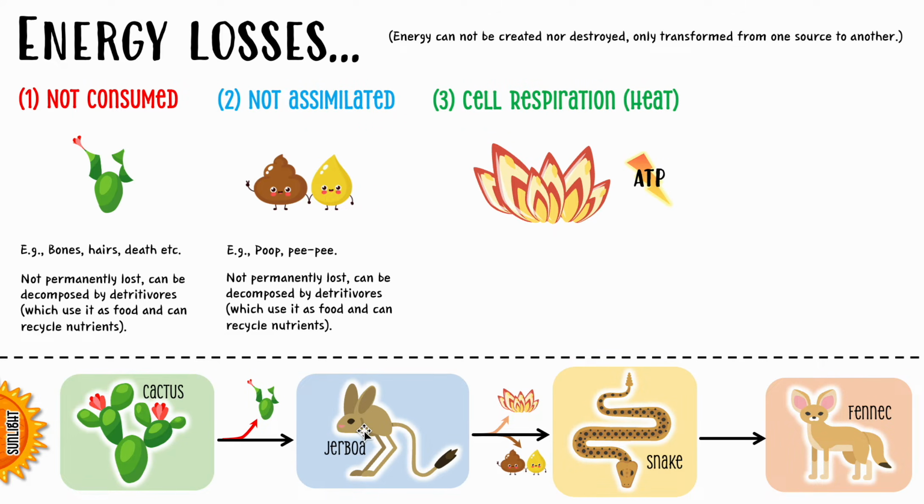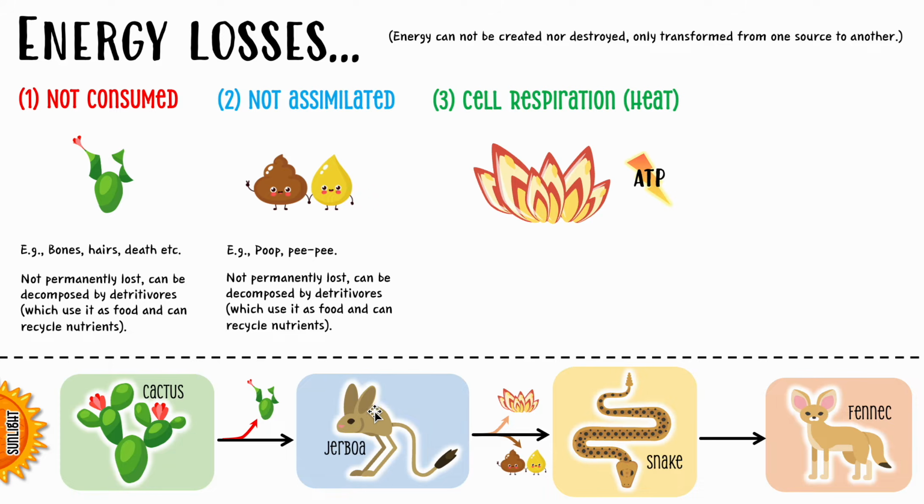So when this jerboa eats this cactus, and let's say all the nutrients come into him, and he starts running around trying to find a mate, food, trying to escape a predator, he's doing cell respiration the whole time. If it's cold at night, he's doing cell respiration to generate heat. All of this is food that he ate that is now being burnt and used by his body. So it's being depleted.